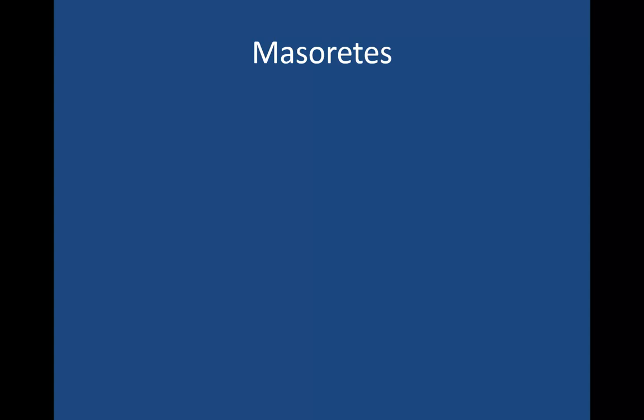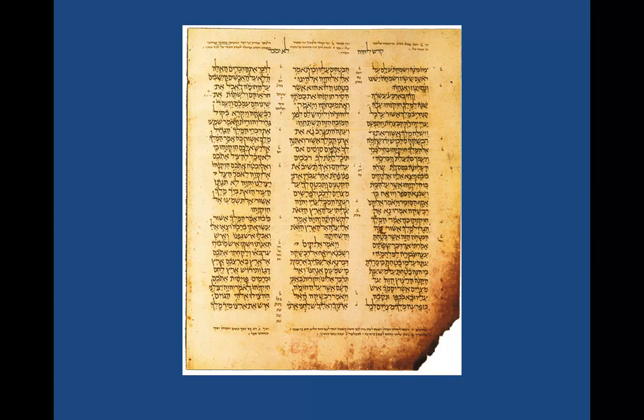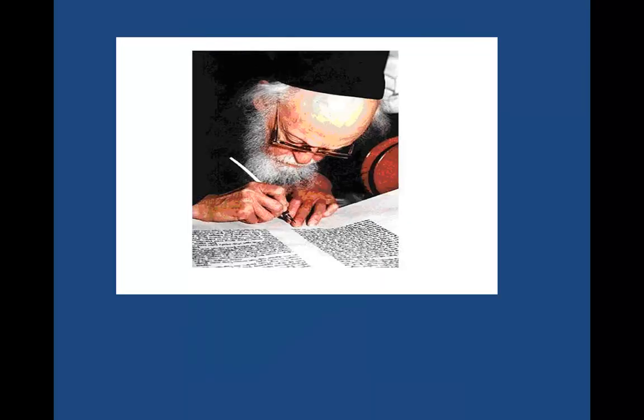And then the Masoretes receive these texts, and they want to preserve them exactly and precisely. They have a number of ways of doing this. They will not change the text even when they know there's a mistake or something that should be changed. And they're so serious about it as they copy these to make sure it happens exactly the way it should.